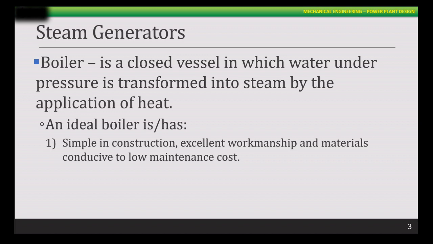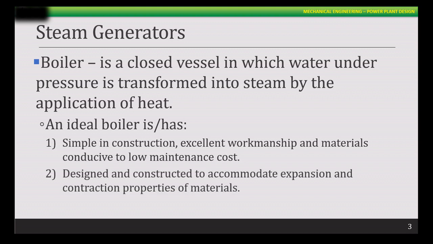Excellent workmanship because it can possibly explode. A boiler is actually classified as an explosive equipment. And then materials conducive to low maintenance cost. So the materials should be easy, or have a low cost to maintain.